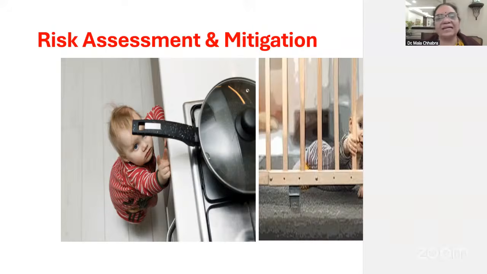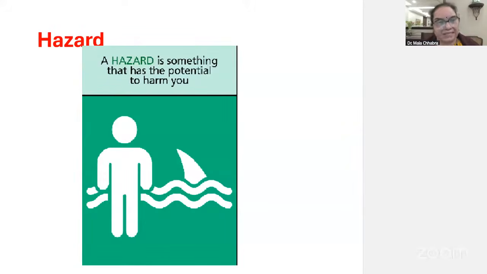And exactly this principle applies in our laboratories also. Now another example: you've seen Australian news, people who are watching from a distance, from a beach, they're watching the sea, and you see the shark. What is it? Is it hazard or risk? That is hazard.